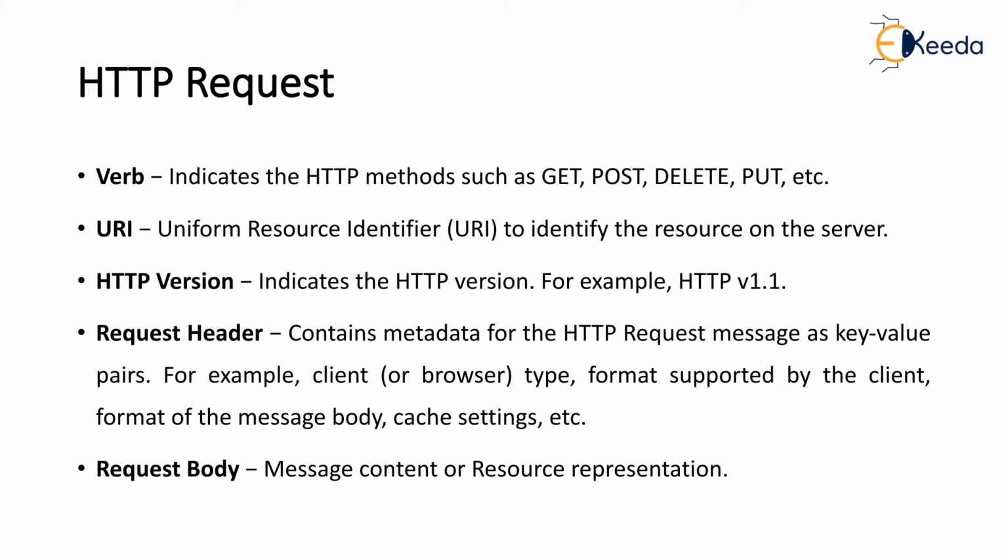The URI, uniform resource identifier, identifies where the particular resource is available on the server. The HTTP version indicates the type of version, for example HTTP version 1.1. The request header contains the metadata, that is, information about the data itself, as key-value pairs for the HTTP request message.